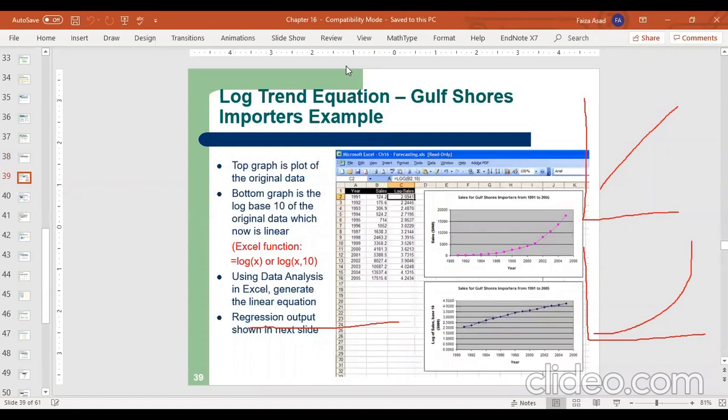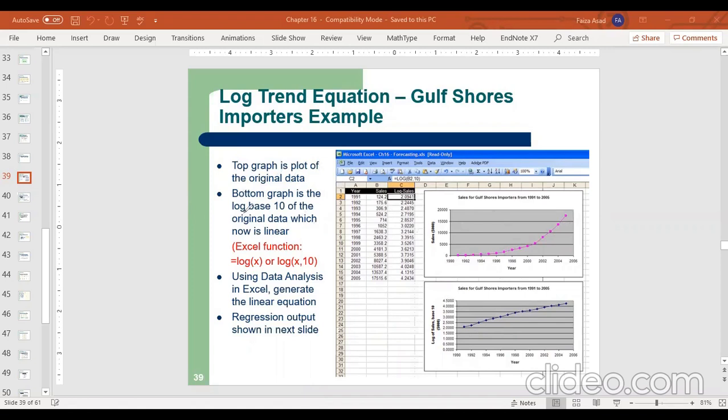Let me clear the slide. So here is the log trend equation. We will use the log function to normalize the data. The top graph is the plot of the original data. This pink curvy line is showing the original data points.